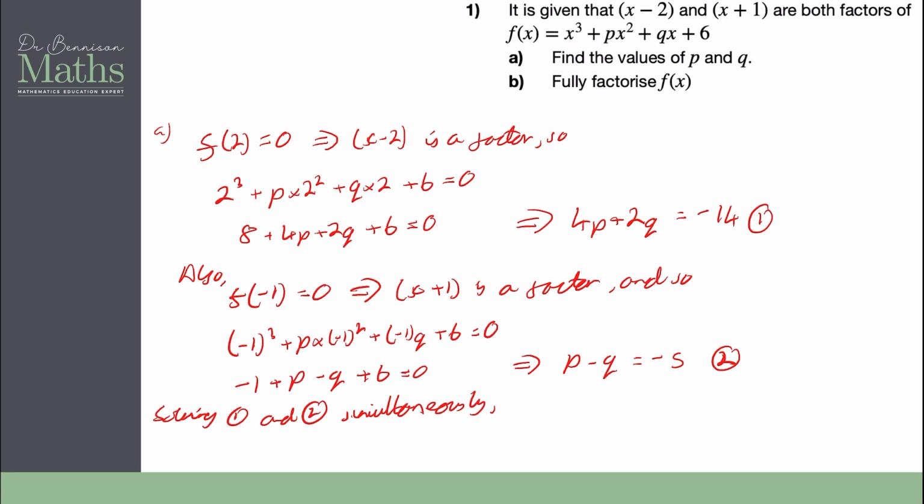And we end up with p is equal to negative 4, and q is equal to 1.